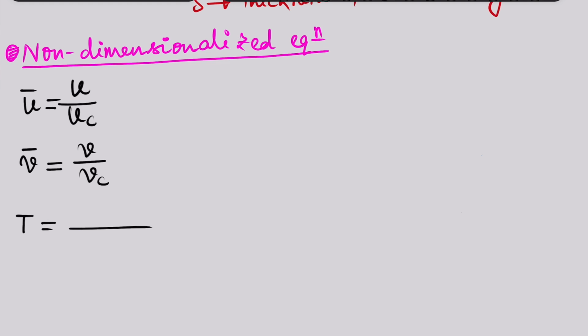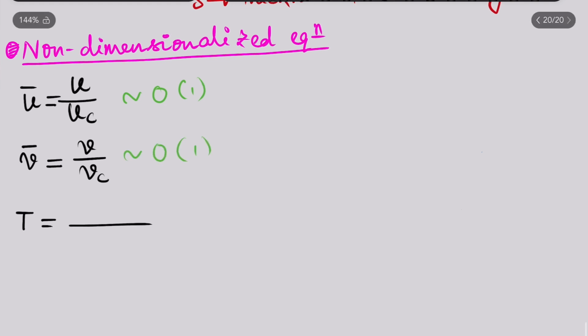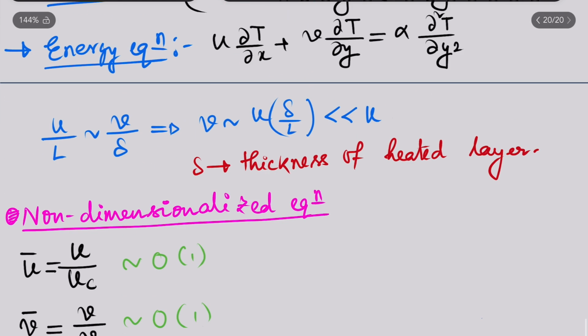So what I am trying to say is this u bar should be of order of 1 and this v bar should also be of the order of 1. First of all, we know for sure that this Uc and Vc are not of the same order, because Uc is much greater than Vc.